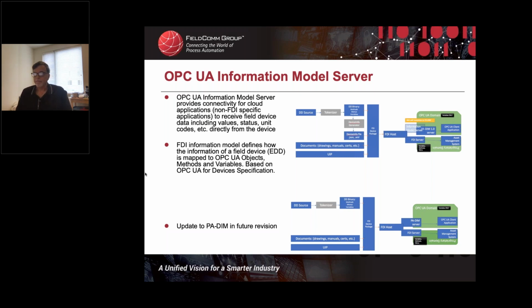This will evolve to include the PADIM, the Process Automation Device Information Model, which is the device information model that was created for the process automation industry, and that PADIM will be added as a future enhancement.